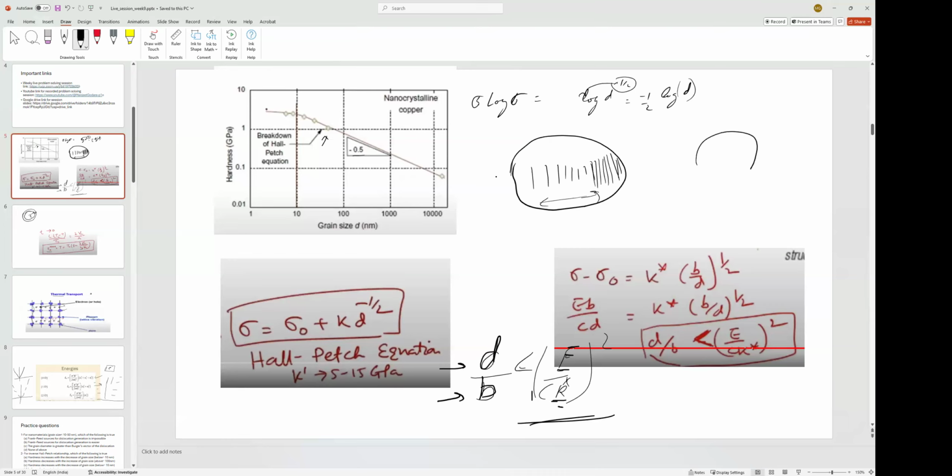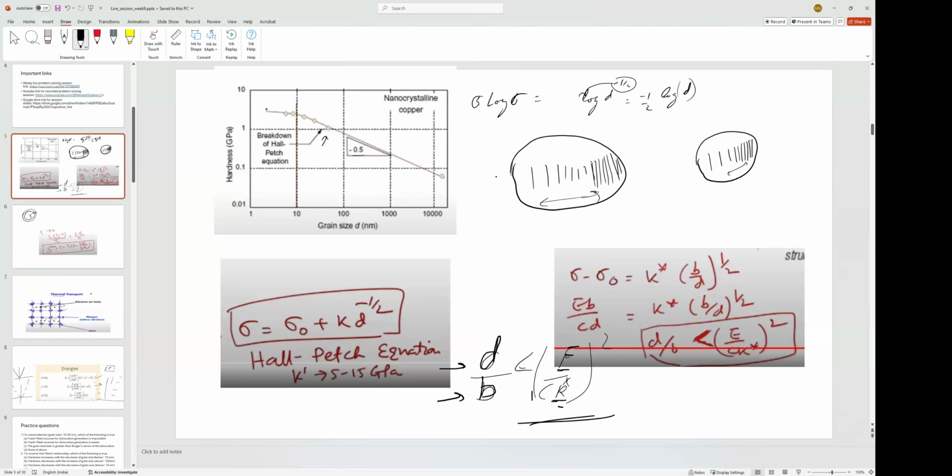As you go down to a smaller grain, this dislocation spacing doesn't depend on the grain size. It depends on the back pressure applied by each dislocation. This more or less remains the same. So now you have a lesser number of dislocations that can come in.